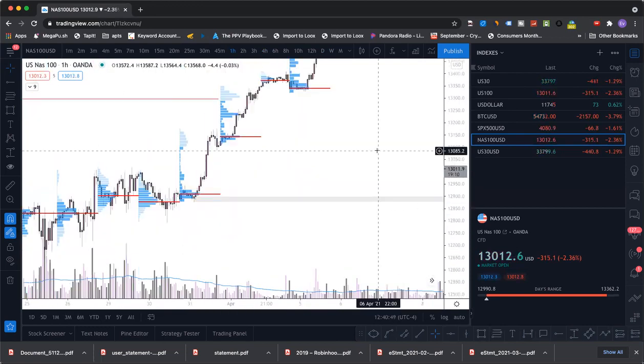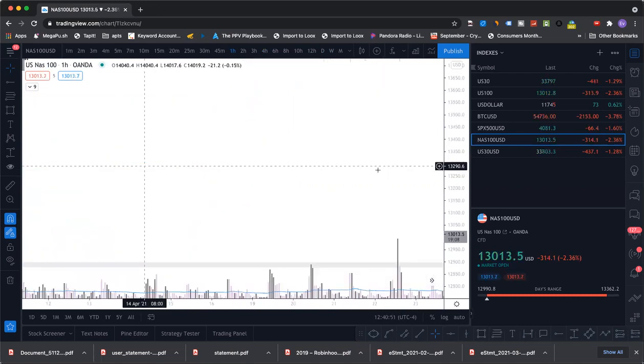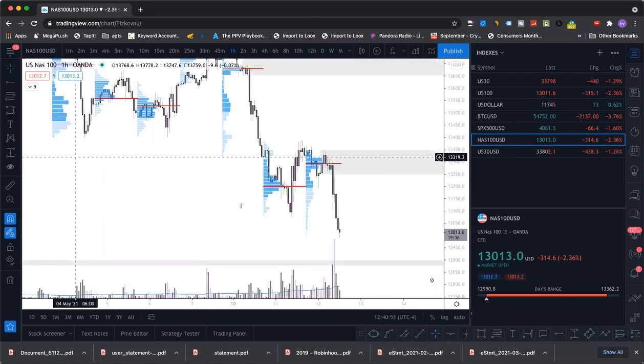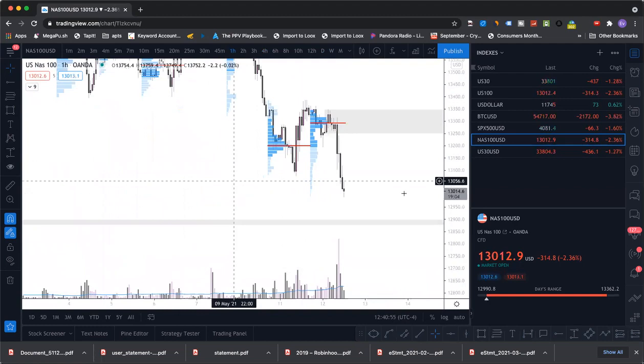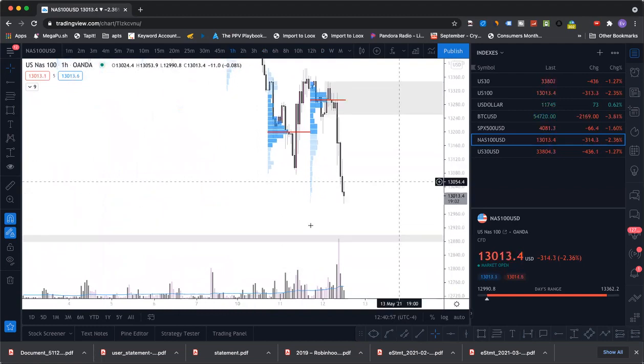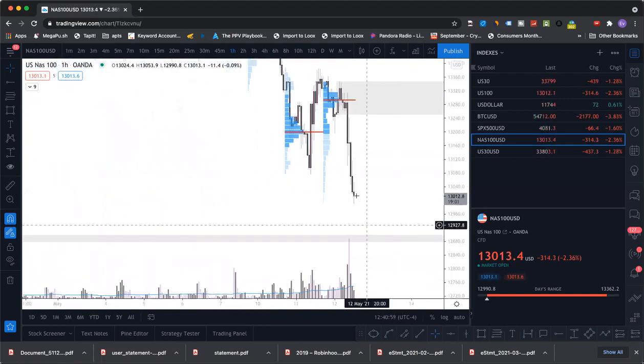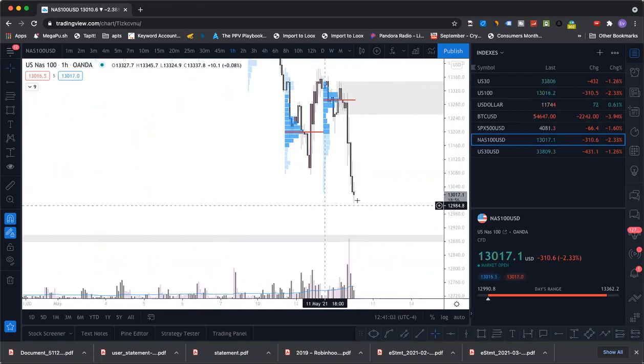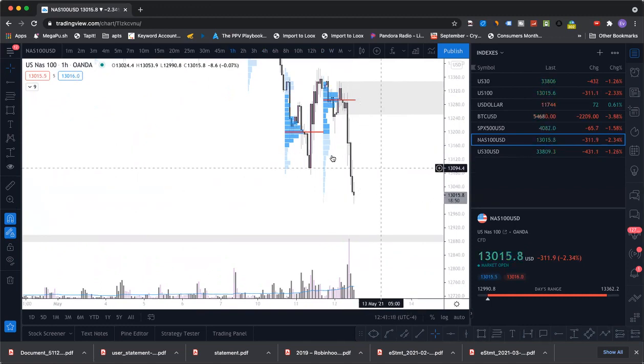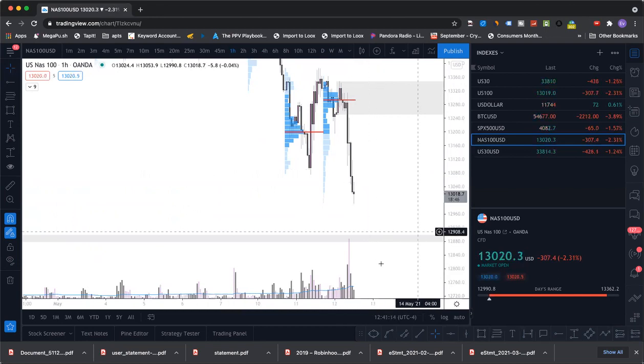Now what I want to talk about is the way price works. Basically, once we run out of supply, we can see shorts covering to bring price up and sell a little bit more.